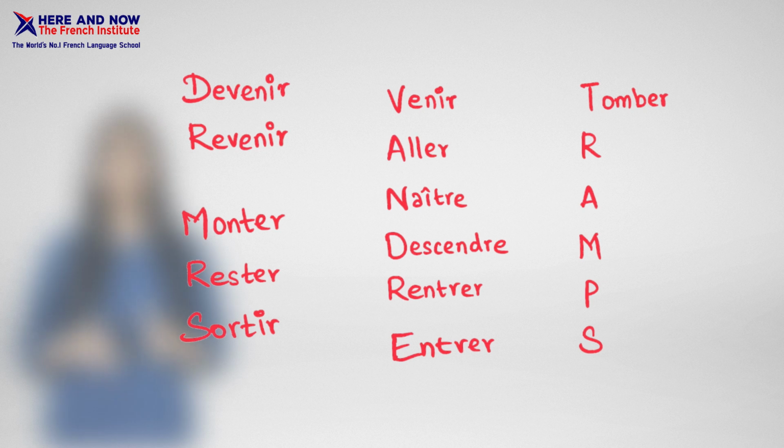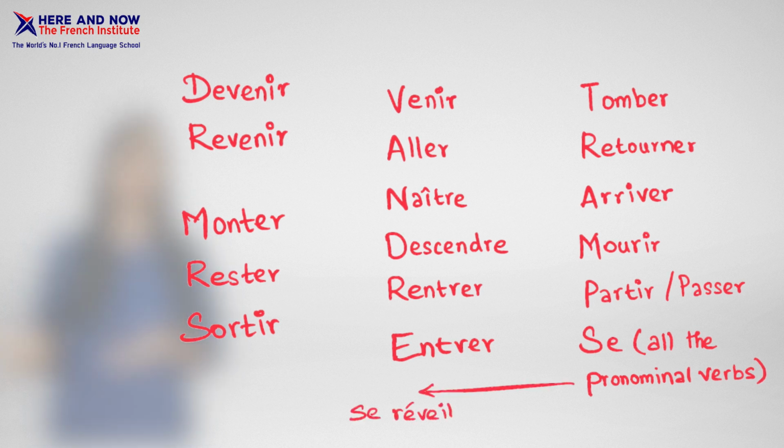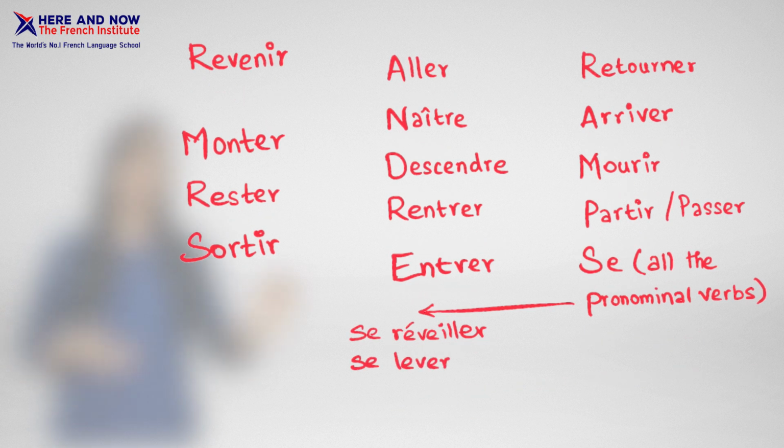Tomber, retourner, arriver, mourir, partir. Passé. All the pronominal verbs like se réveiller, se lever, se laver, etc. How to conjugate pronominal verbs in passé composé will be explained in a different video.